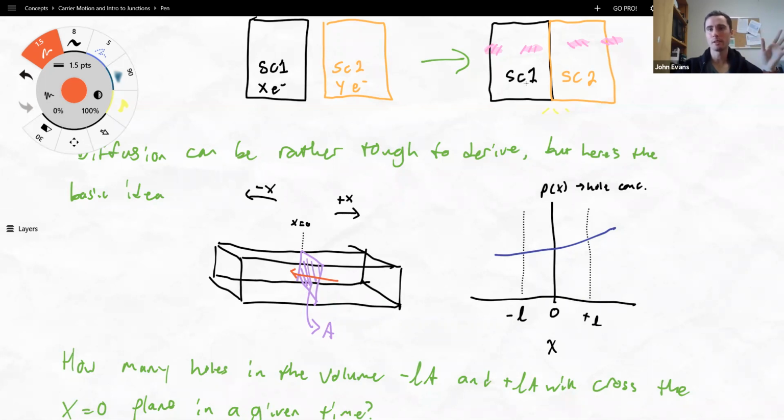We're going to assume this amount of time is the mean free time, right? So how many are going to go through this way and how many are going to go through the other way? Recall, if we're thinking about Brownian motion, you would expect those to be equivalent. You would expect that in a given time, an equal number of electrons would go to the right as go to the left.